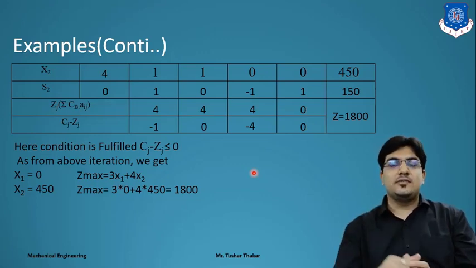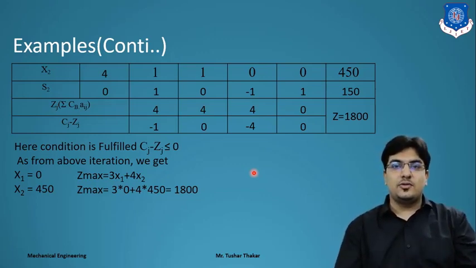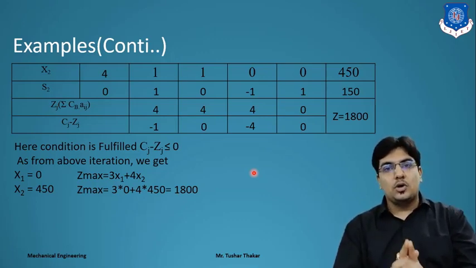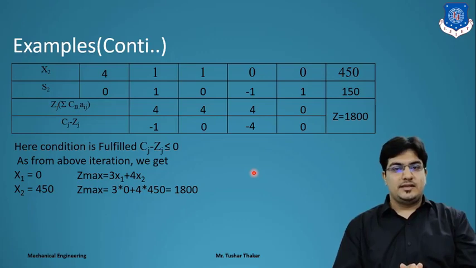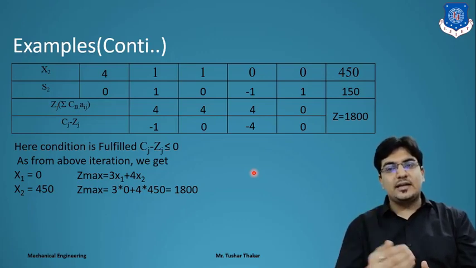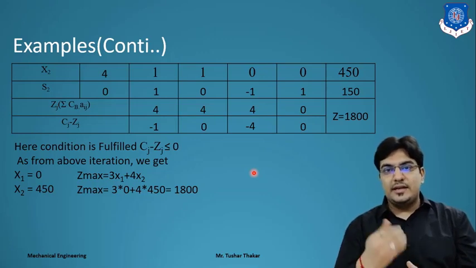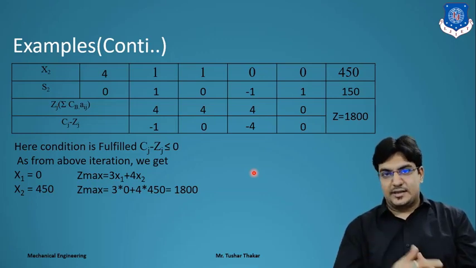For the next iteration, for the second row, what do we have to do? We always make 0 below or above the key element. We did that kind of iteration in the matrix chapter in maths.